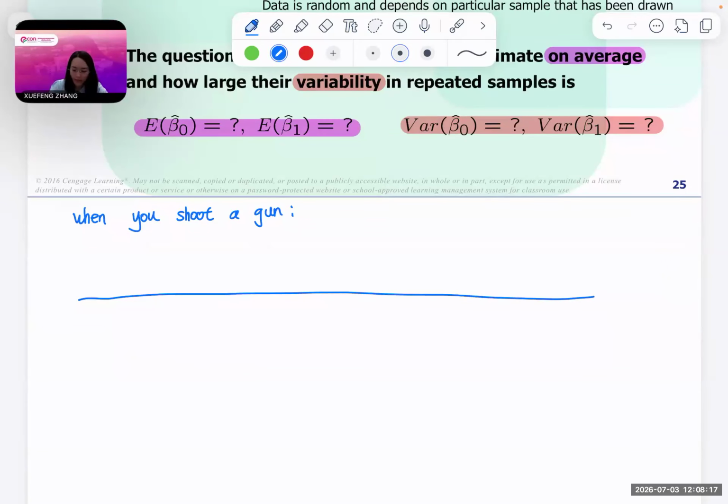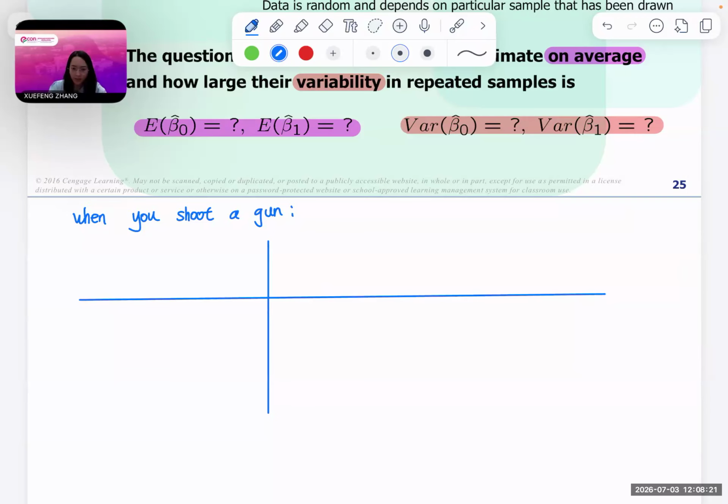The question, okay, you have to ask two questions. The first question, okay, the expectation of beta 1 hat equal what?